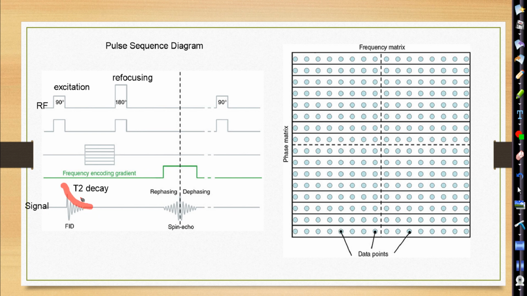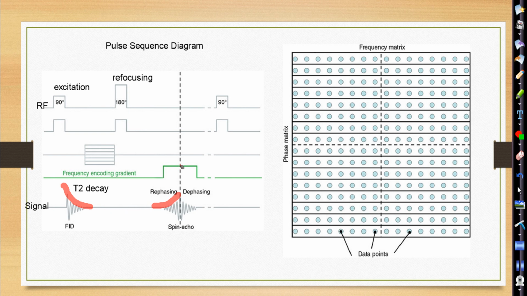Okay? And then we need to refocus that signal because we can't have a very short TE in some instances, especially with a spin echo pulse sequence. So we need to have this signal regrow. We apply what we call a refocusing pulse, where that signal, as it goes down, starts to regrow.